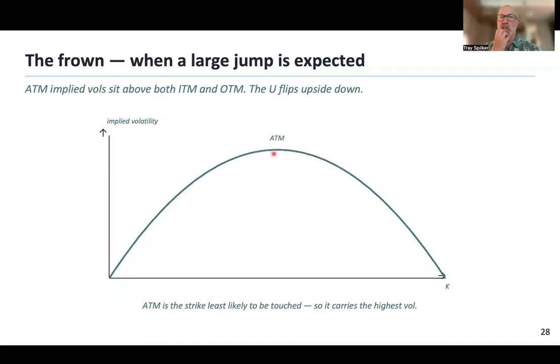So this is what the picture would look like in a binary outcome expectation. We talked a little bit about this picture earlier. An example of this would be where we have an event that will move the underlying by some known size in one direction or another.